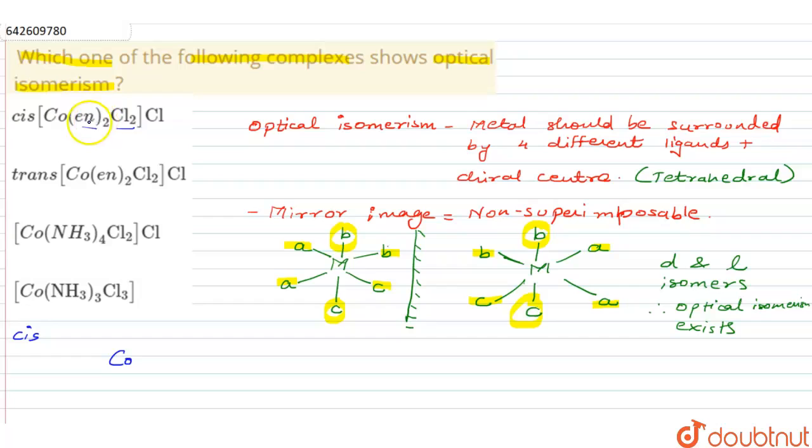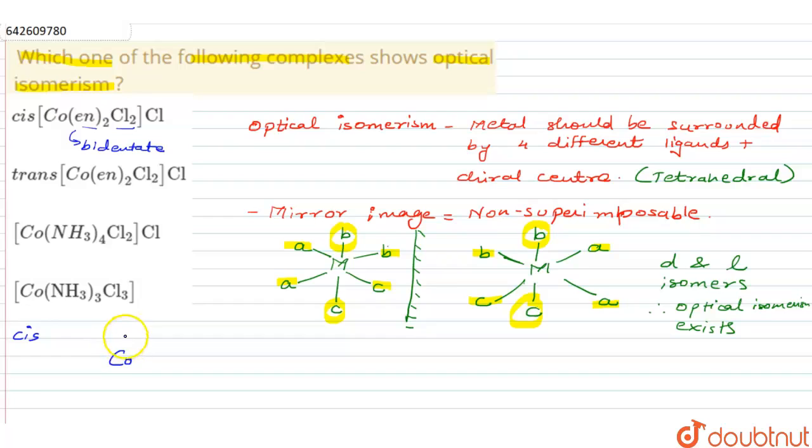Since this is an octahedral complex, and en is nothing but a bidentate ligand, it will be having 2 points of attachment each. So there are 4 attachments coming from the ethylene diamine, that's en, and Cl2 will give me 2 points of attachment. So that's a total of 6, which is an octahedral complex, isn't it?